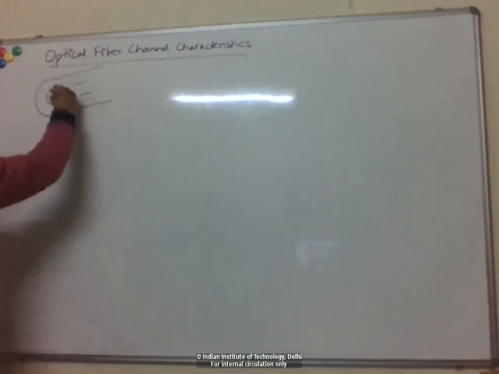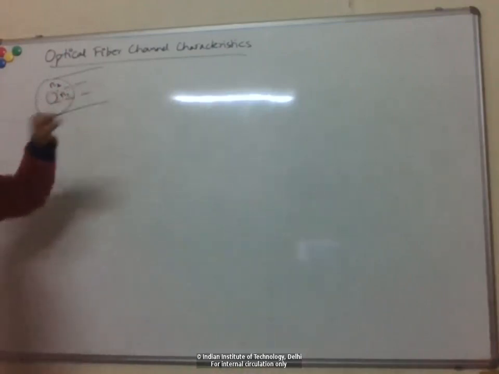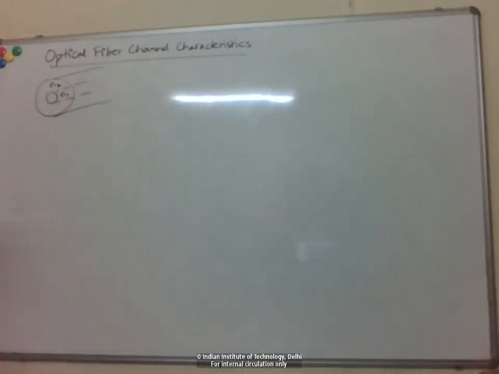The core has refractive index N1, which is slightly higher than the cladding refractive index N2, and the light is guided through total internal reflection. In the ray picture, you can think about rays getting totally reflected. But a more accurate picture is the wave picture, where we solve Maxwell's equations in such a structure, and we get some guided modes.